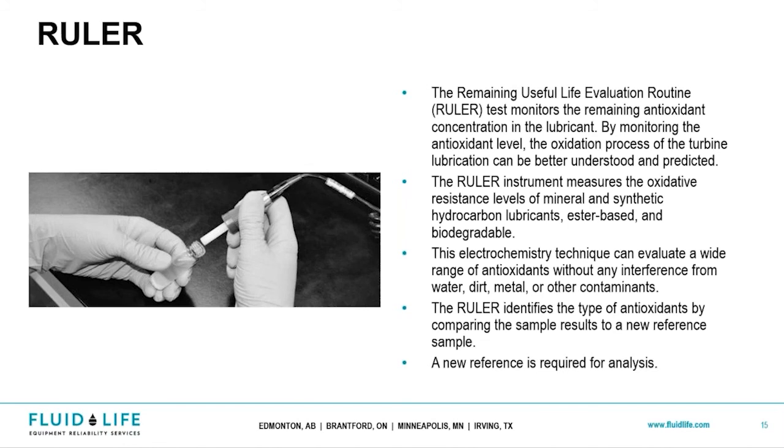There's of course loads of antioxidant additives when it comes to turbines, but this RULER test is really monitoring that remaining concentration of the antioxidant, right? So when you monitor that, you're getting ahead of it and you're able to predict its life of what it's effective at doing, which is neutralizing those things, before you start seeing additive depletion.